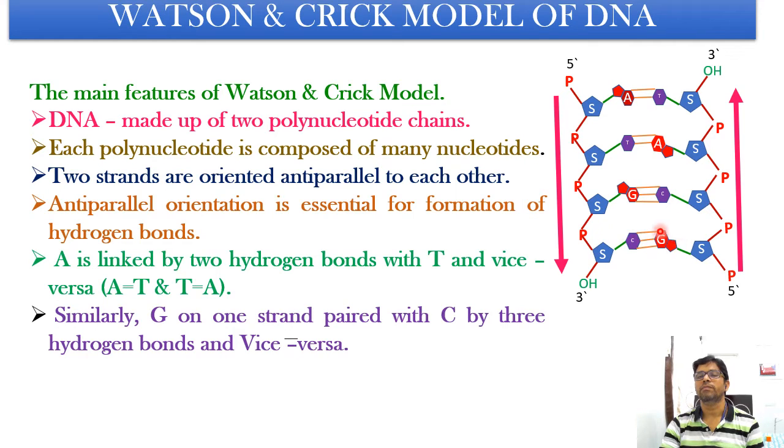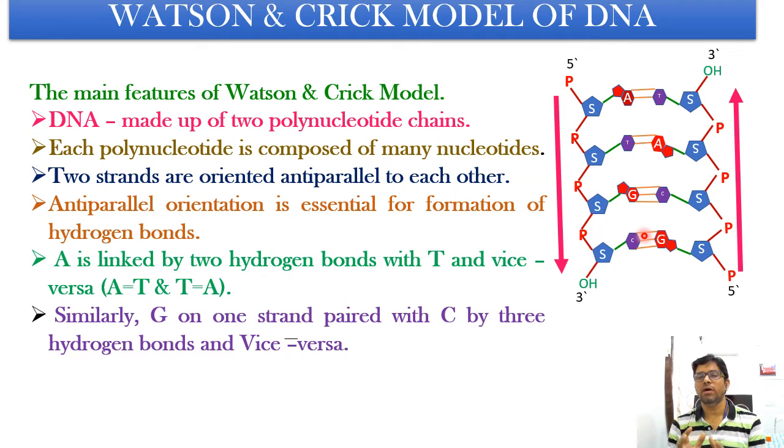Here you can see vice versa: cytosine is present on this polynucleotide chain, guanine is present on the opposite polynucleotide strand, and three hydrogen bonds are present between these two nitrogen bases of two opposite strands. In this way, base pairing is taking place between the nitrogen bases of two polynucleotide strands which are oriented anti-parallel to each other.